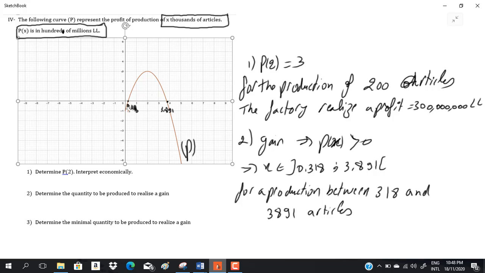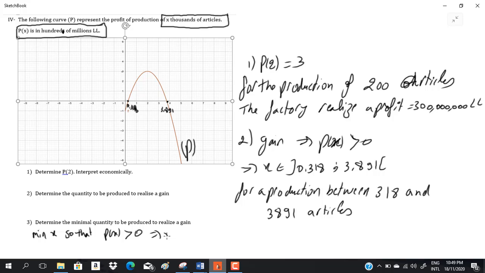Finally, part 3, determine the minimal quantity to be produced to realize a gain. It means the minimal value of x so that P of x becomes positive. In Arabic: when does it start making a profit? Here the factory was losing until 0.318. Okay, we had a break-even level, then right after it starts making a profit.